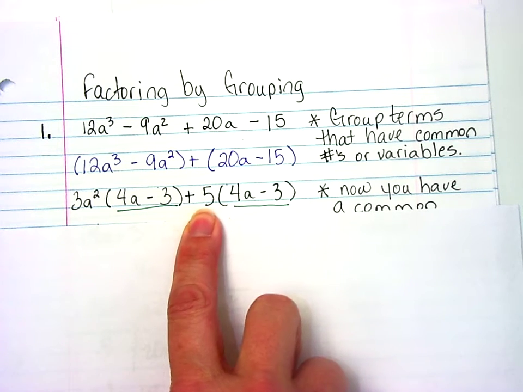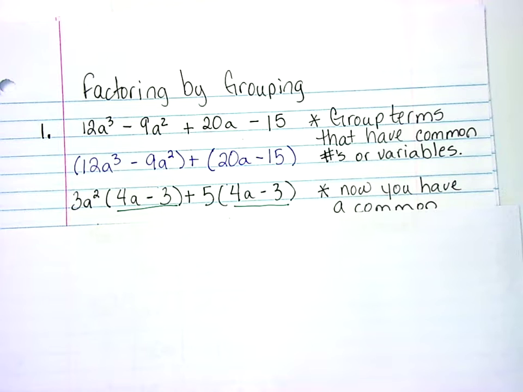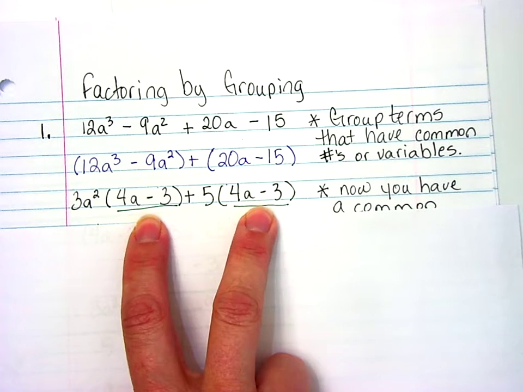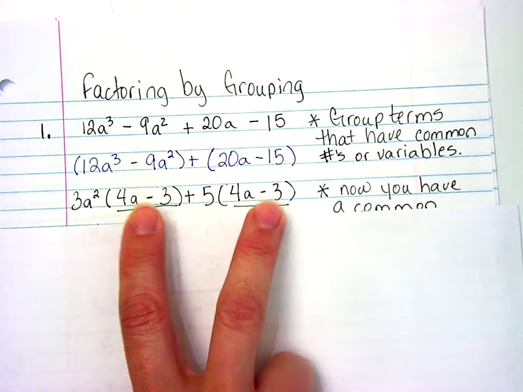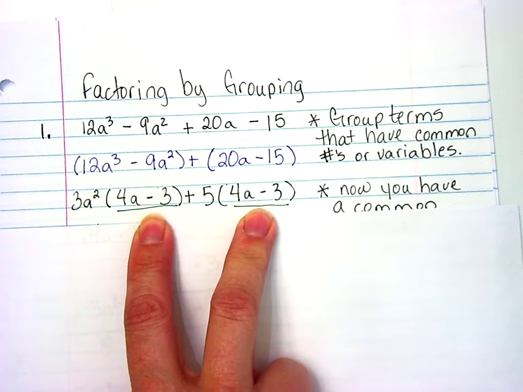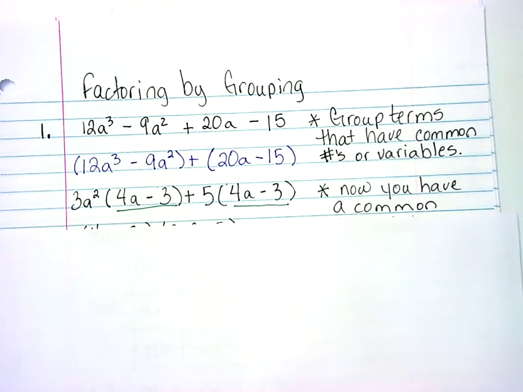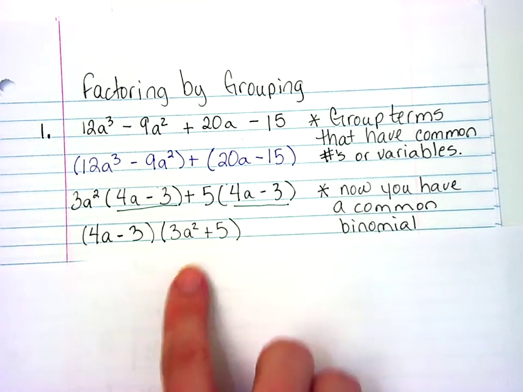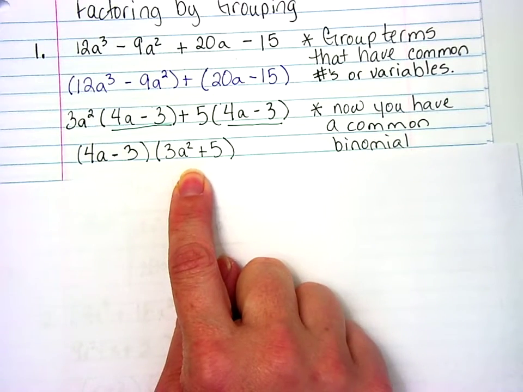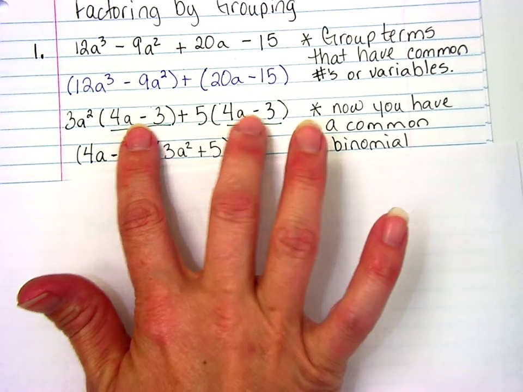Factor out a 5, leaving you with 4a minus 3. And voila, you have 2 4a minus 3. So you have a common binomial situation. So going back to the previous notes, I'm going to take that out, and then whatever's left over is going to be left in the set of parentheses. It's like magic.